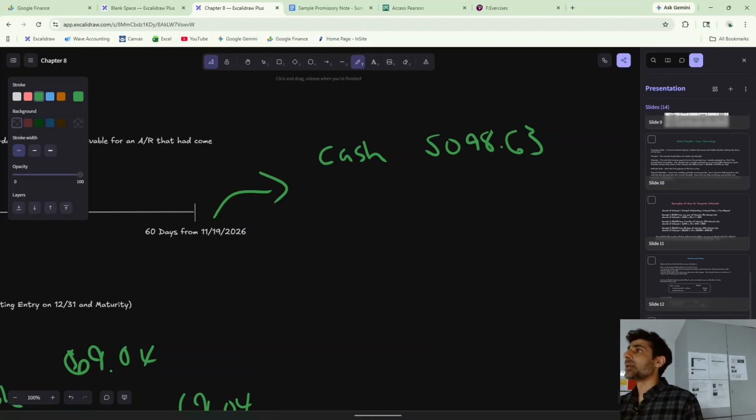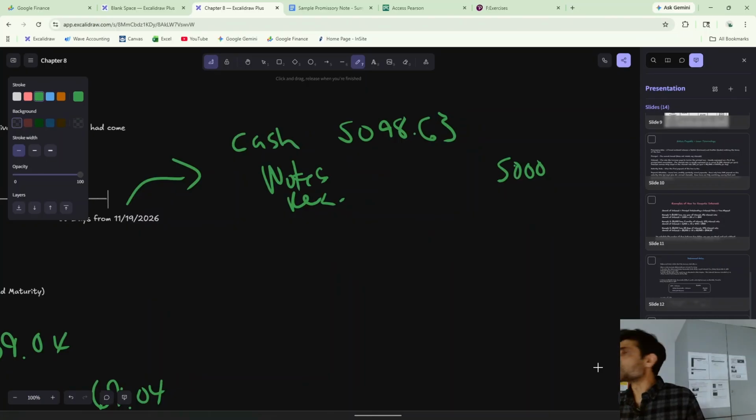That's how much I'm going to debit because that's cash I'm receiving. Now, what goes away? The obvious part is notes receivable. That's going to be 5,000 credit. They're paying us off. We had that as an asset. Now they're going to pay that balance off, and we no longer have that asset.